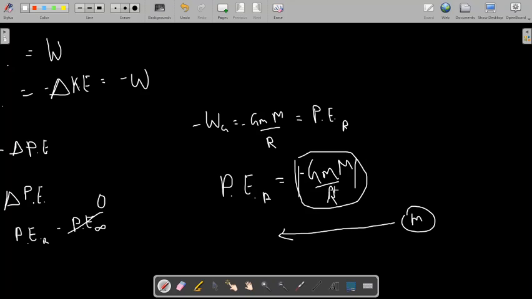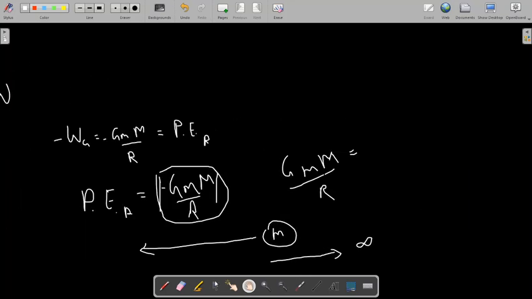And if we were to bring this object to infinity, we would require the same work but positive. So the amount of work required is GMm upon r. This will be the work required to bring the mass m from r to infinity.